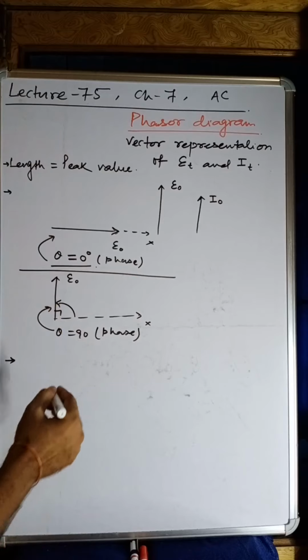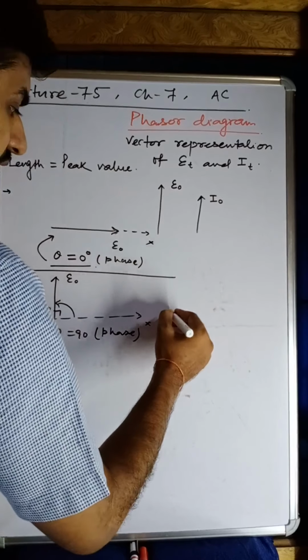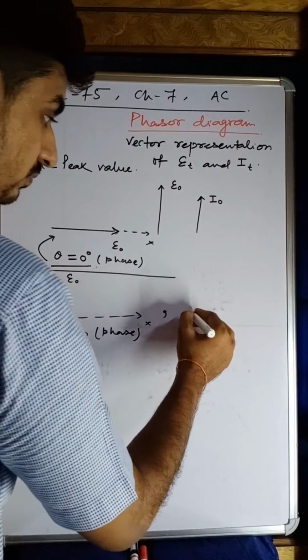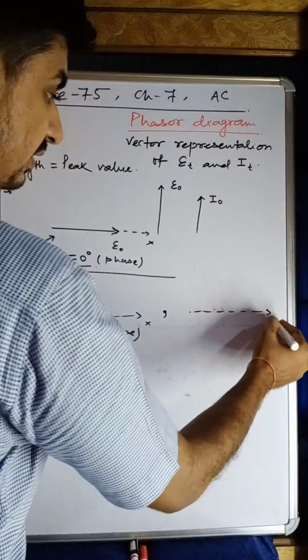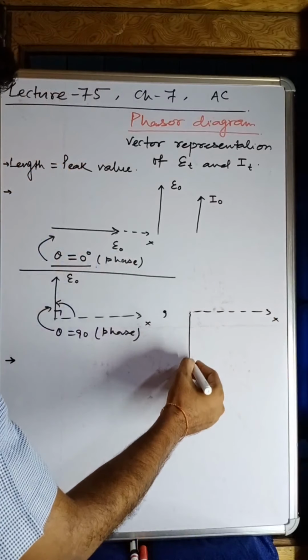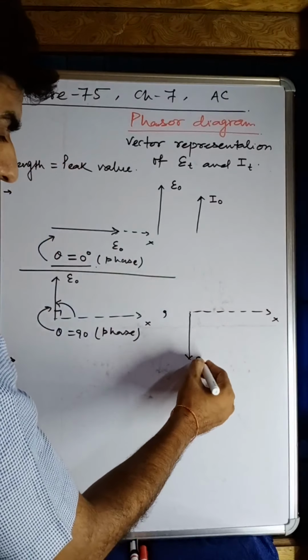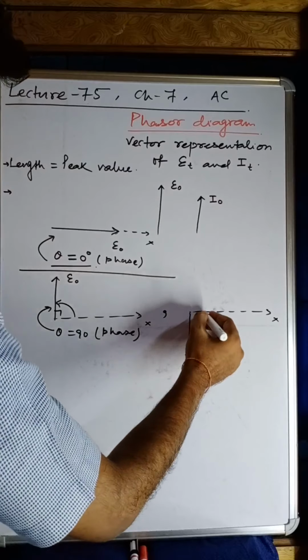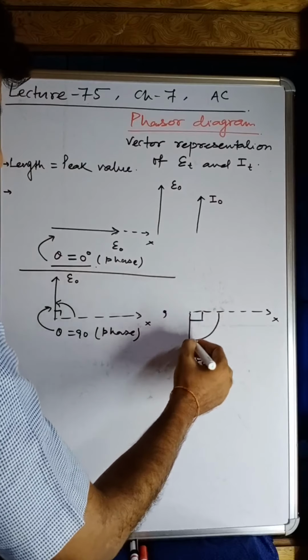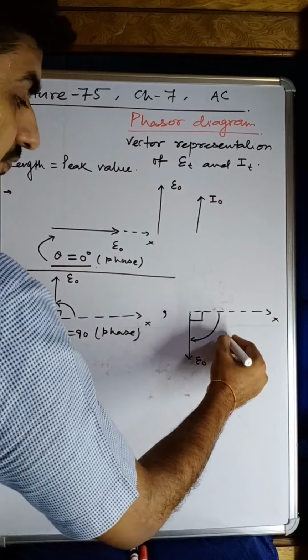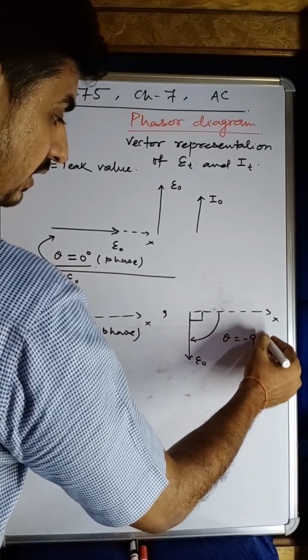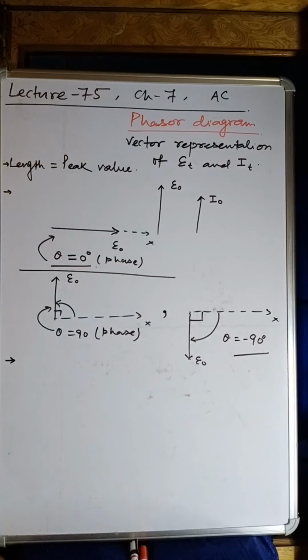If this phase is represented in this way, this is the x-axis, and this phase E naught goes in this way, then theta will be minus 90 degrees. Now the phase is minus 90 degrees.